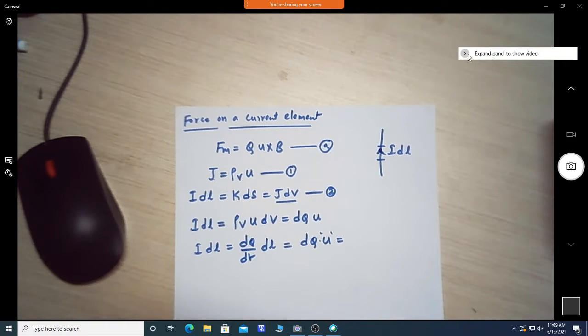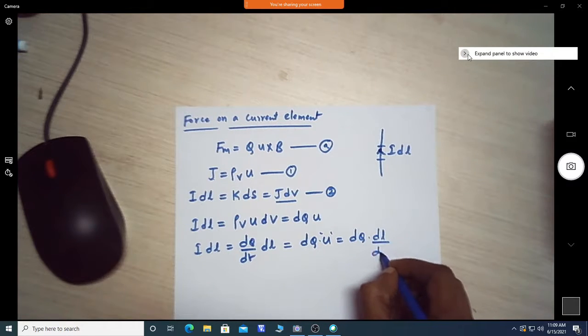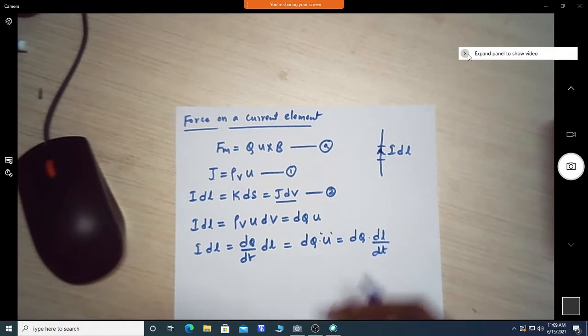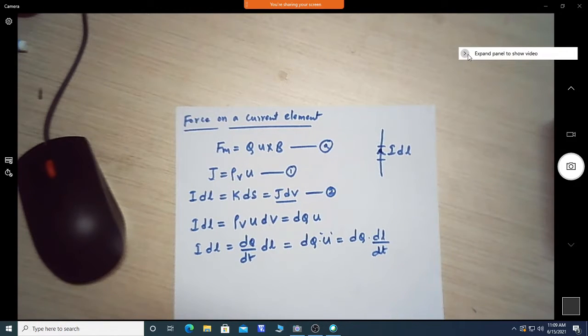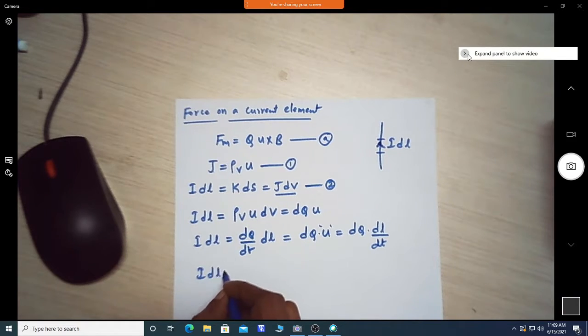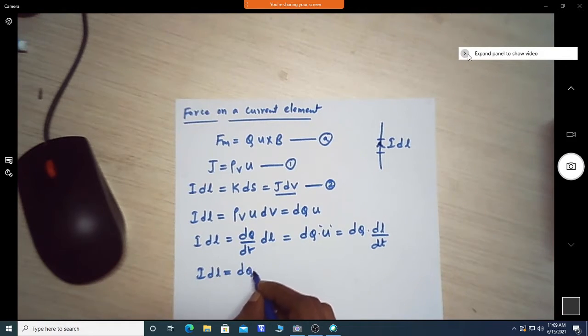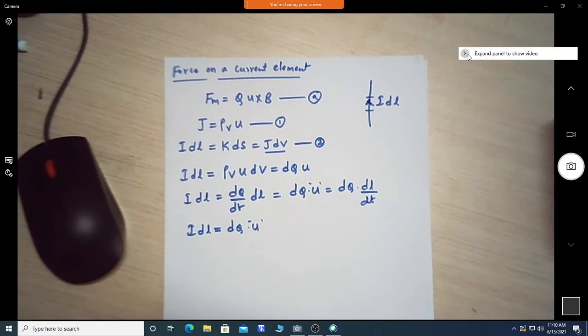Okay, so that u we can also rewrite as dl by dt, the displacement by time, or the distance by time. So now if we equate, this I dl is equal to the differential charge into the velocity, that is, dq into u.